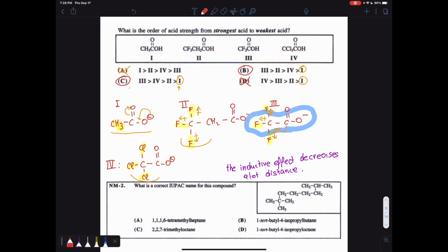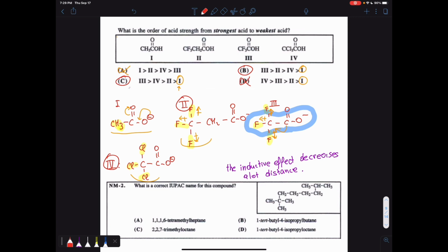So now that we're looking at option C and B, we still have 2 and 4 to compare. Remember what I said before, that the inductive effect decreases a lot with distance. So as I move far away, it's going to decrease the inductive effect.